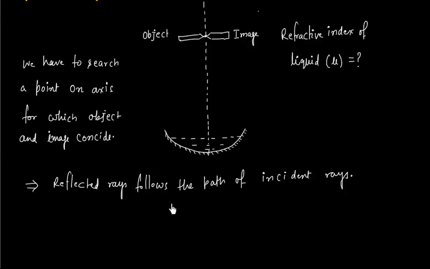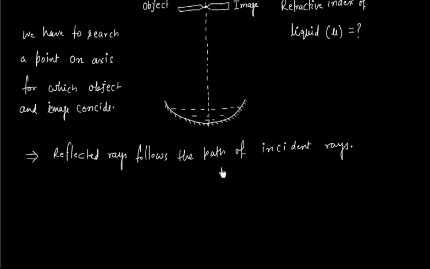If a ray is normally incident on the mirror, it retraces its path. So since object and image are coinciding, this means the incident ray is normally falling on the mirror.